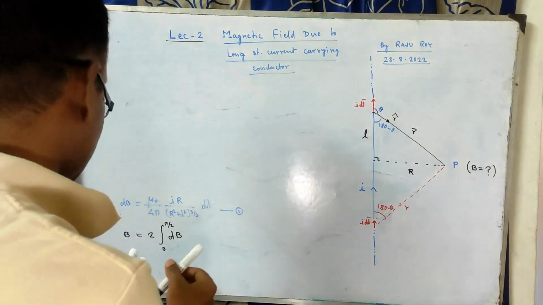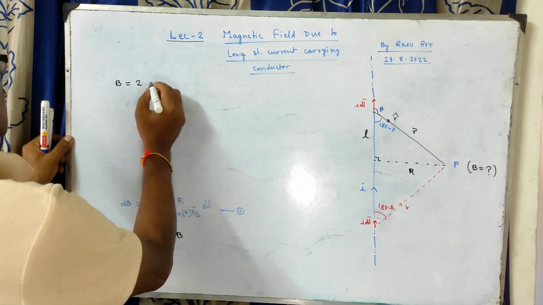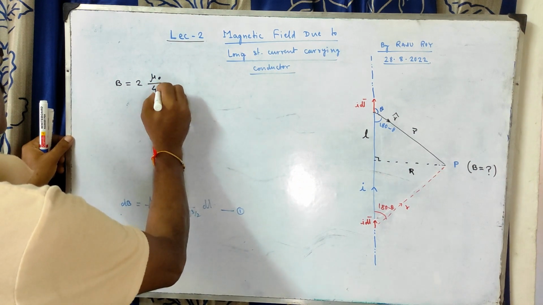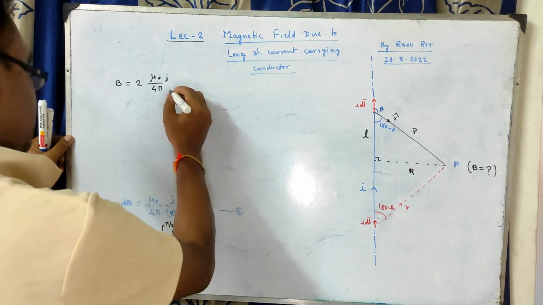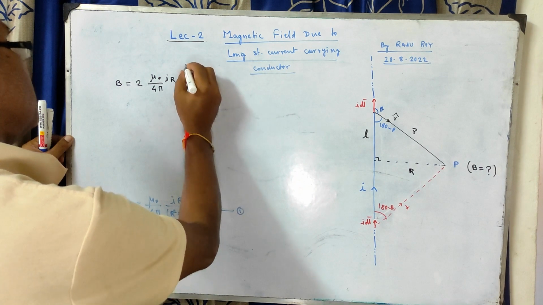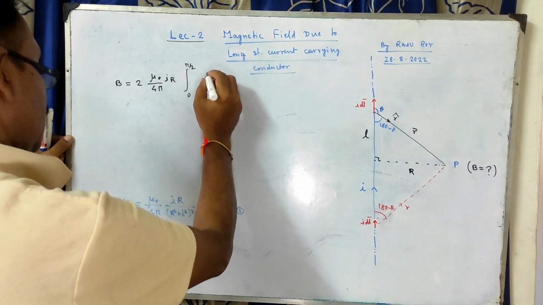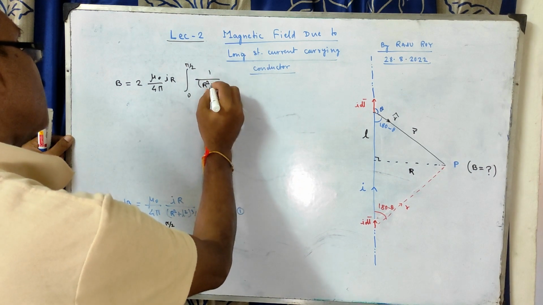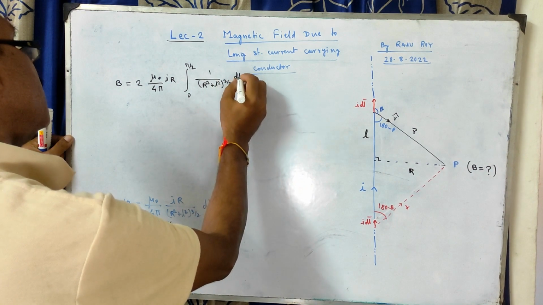Now, quick. B is equal to 2 times, you take the constant out, mu naught by 4 pi I, r is constant, right? R is constant, so take it out, 0 to pi by 2, 1 divided by r square plus L square raised to power 3 by 2 dl, right?